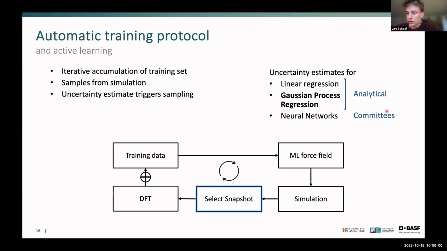And in neural networks, the simplest technique of predicting an error is training many models and then looking at the disagreement of a committee of models. The project results that I'm going to present today were done using Gaussian process regression, using the GAP framework, but later we're going to be using a more up-to-date, more state-of-the-art machine learning force field, the MACE architecture, and there we're going to be making use of these committees.